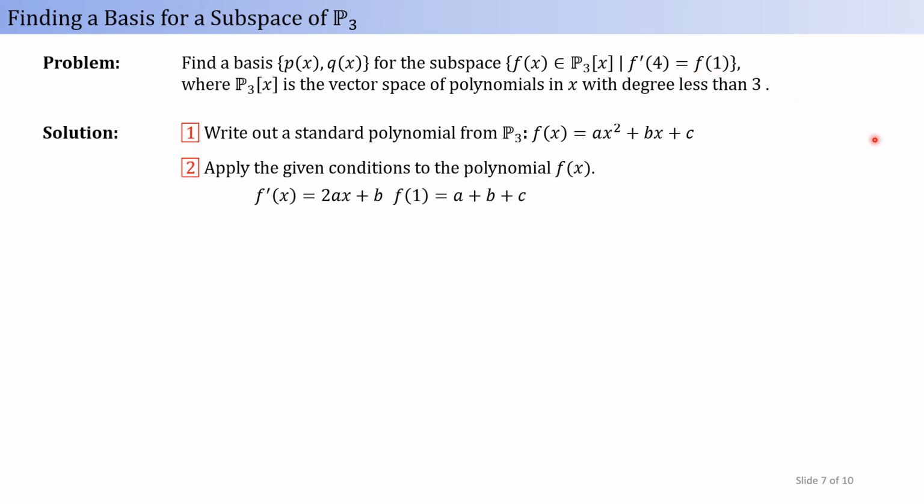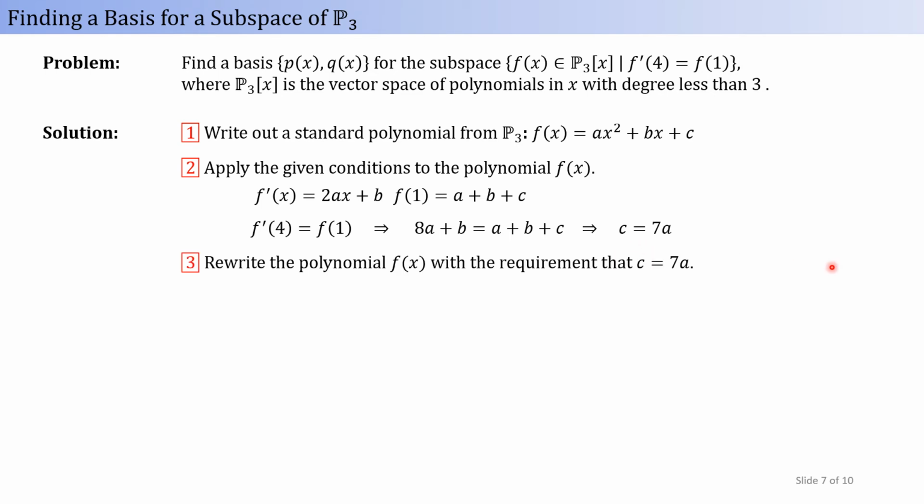So we take the derivative and plug in x equals 1 for the polynomial, set them equal to each other, and you notice that b cancels out. Then we just rearrange it, and we see that c equals 7a.